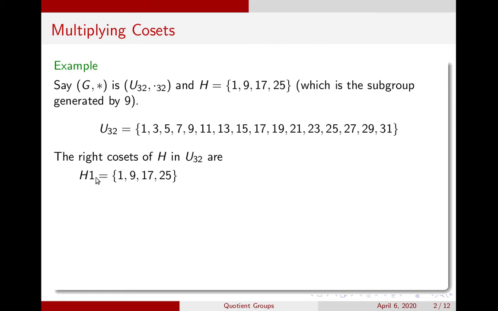Okay, well there's H times 1, which we get by multiplying each element of H by 1. And as always, the right coset determined by the identity is the subgroup. Now we know that since 9 is in the right coset determined by H times 1, the right coset determined by 9 has to be the same as the right coset determined by 1.